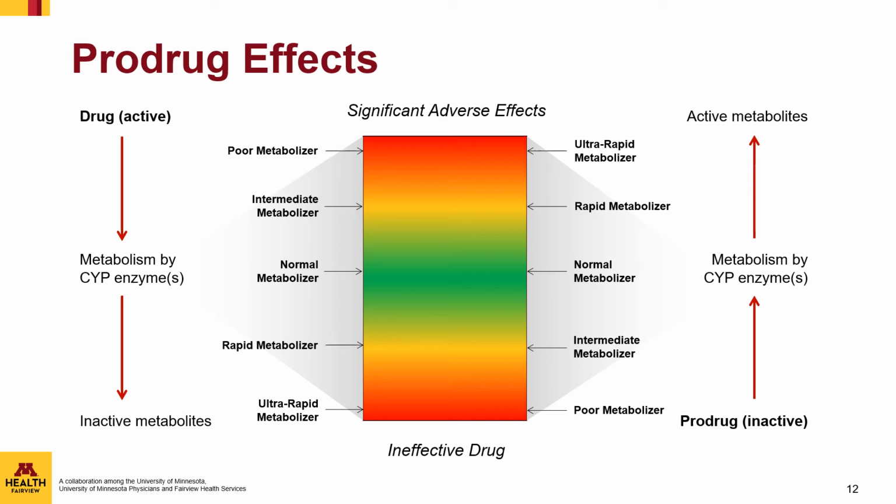If this same patient was prescribed drug B, a prodrug that required metabolism by the same CYP enzyme for which the patient is a poor metabolizer, we would expect this drug to be far less effective given it would experience minimal to no metabolism into its active form.